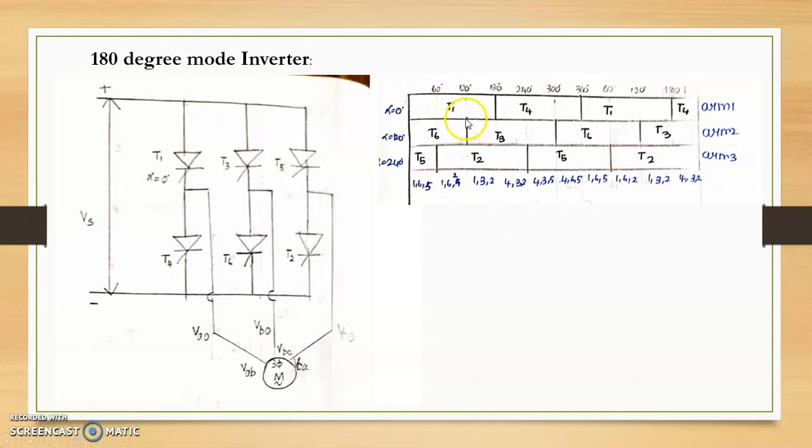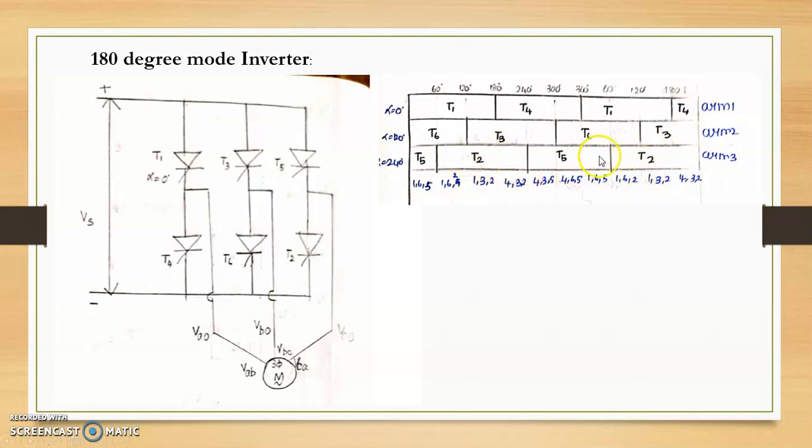So at 120 degree the switch is turned on, and T3 will conduct for the next 180 degree. After that T6 must be turned on, and after that again T3. And the third arm switch must be turned on at 240 degree of arm 1. So at 240 degree the T5 switch has to be turned on, and T2 will be turned on at the next 180 degree mode.